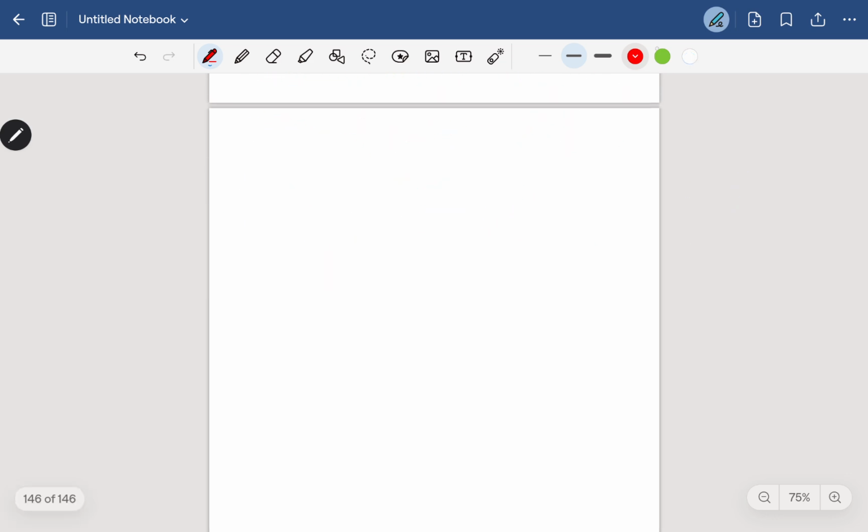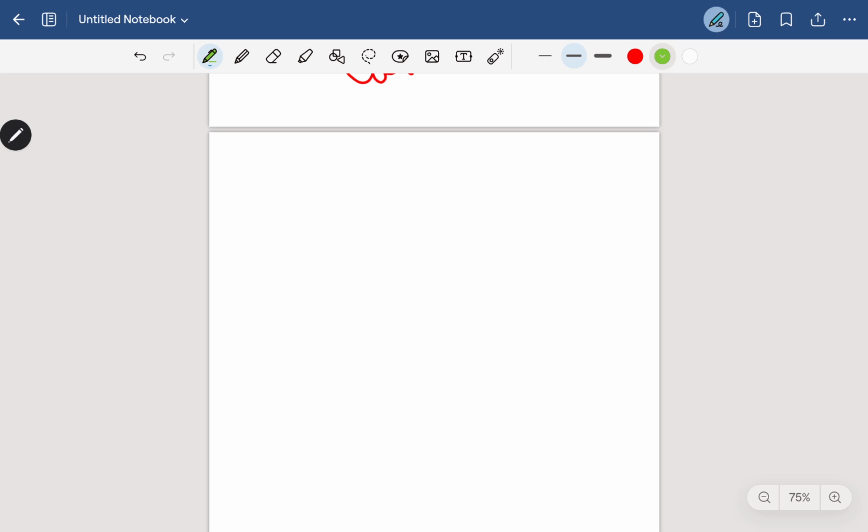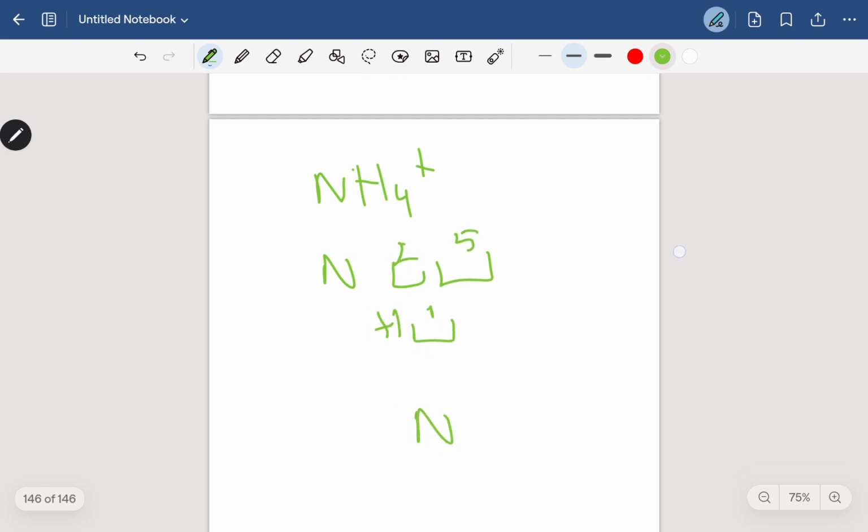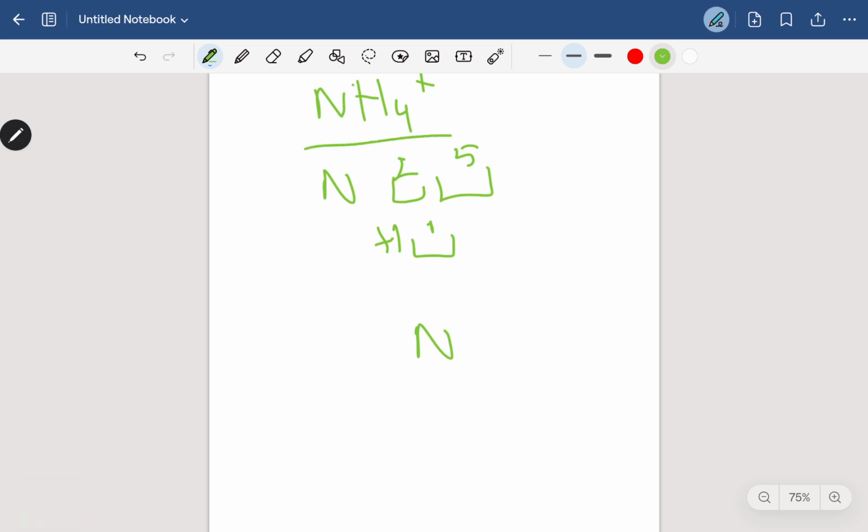I'm going to give you one example, which is NH4+. This is an example of a dative coordinate covalent bond. We know that N has an electronic configuration of 2, 5. And H has an electronic configuration of 1. So if we're going to draw it, we're going to have N over here. And don't forget, this is always covalent.